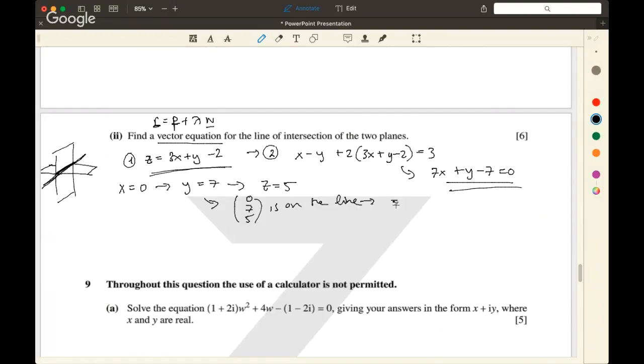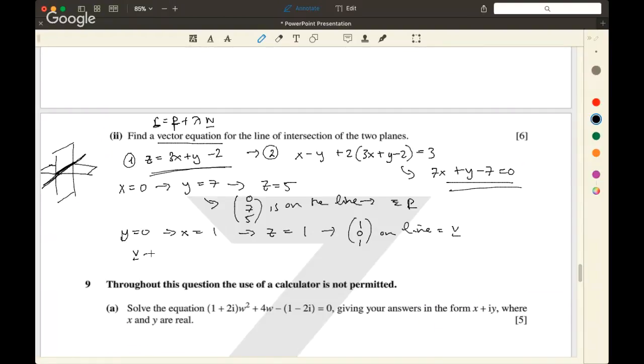So I'm going to call this my point P. Now, when y is equal to 0, this gives us that x is equal to 1, and therefore that z is equal to 1 as well. So this means that the point 1, 0, 1 is also on the line. I'm going to call this v.